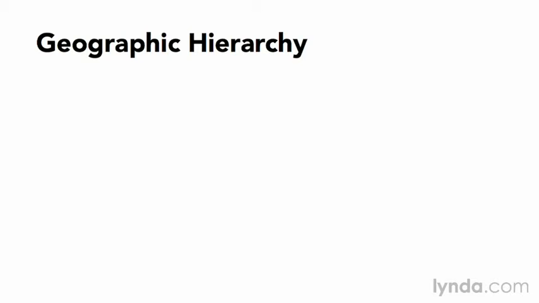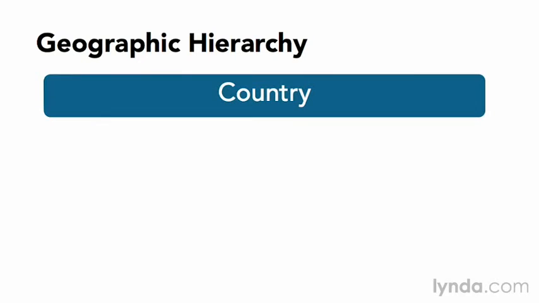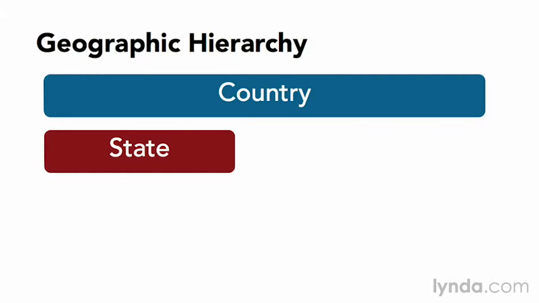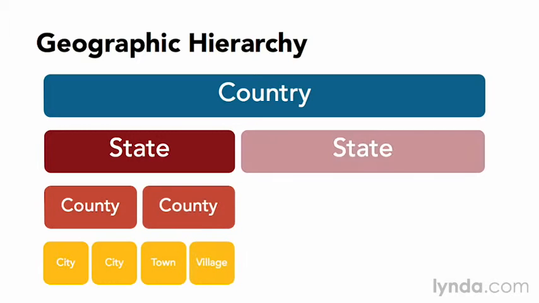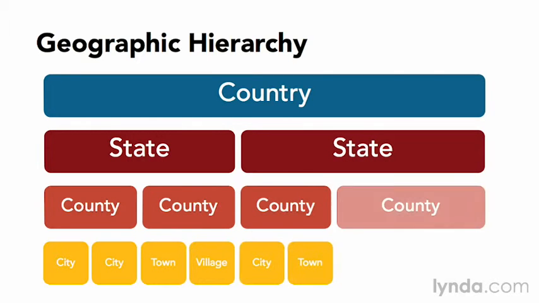We have geographic data in our data model, and if we think about the highest level of geography in our model, we might think of the whole world. But inside of the world, the first layer that we actually look at is a country. And within a country, we have states. And within states, we might have counties, and within counties, we can have cities. So this is what that hierarchy would look like.